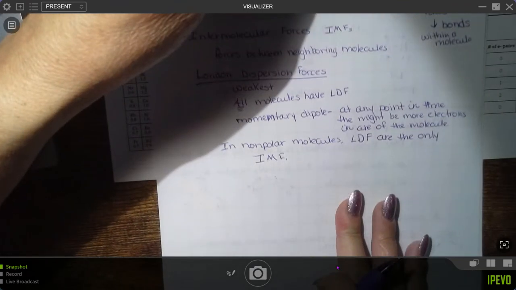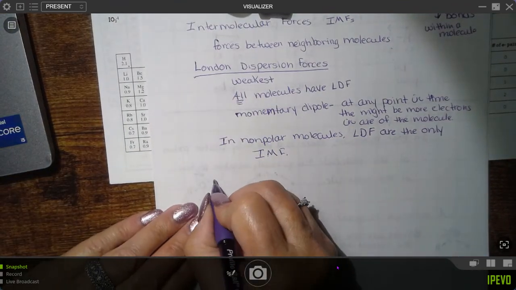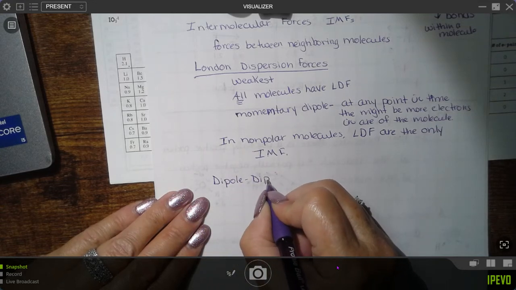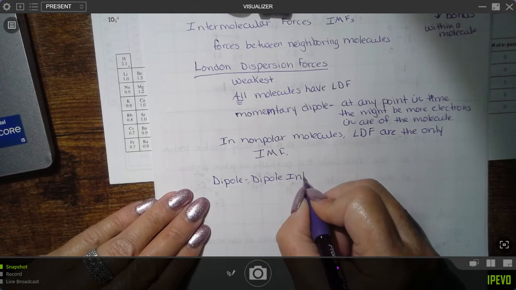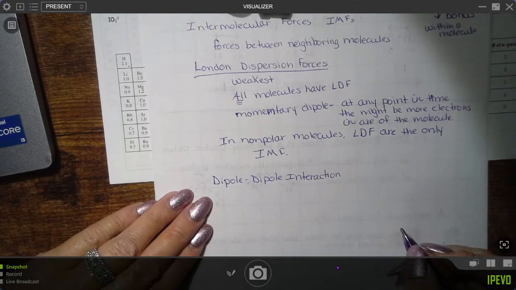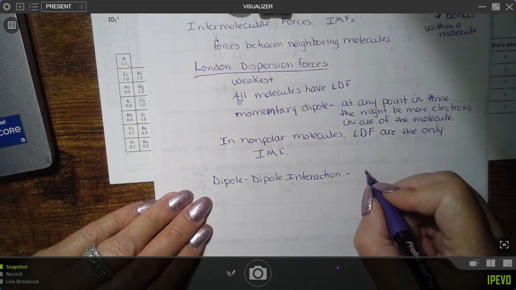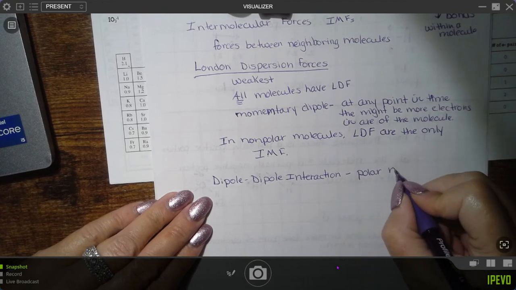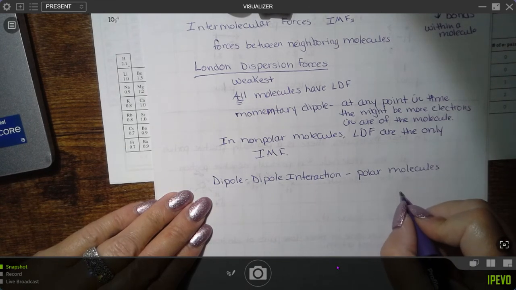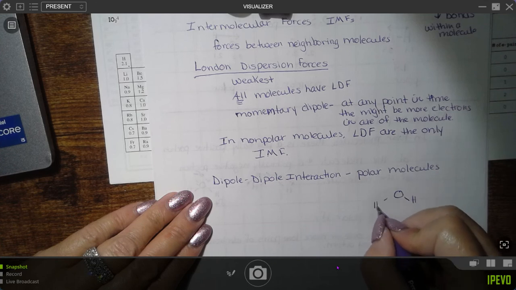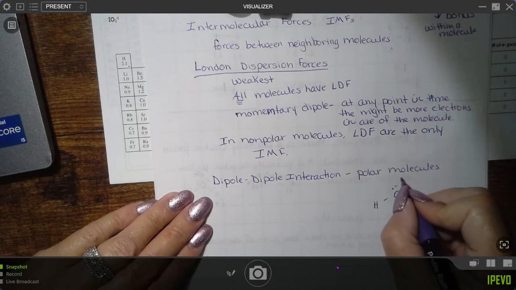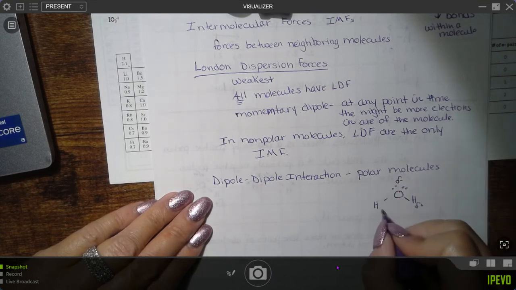The second type of intermolecular force is called a dipole-dipole interaction, and it happens in polar molecules. For example, we had water, and we said that in water the oxygen, where the electrons are, is partially negative, and the hydrogens are partially positive.